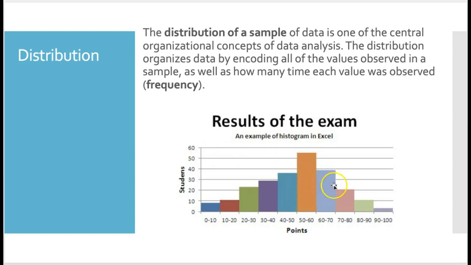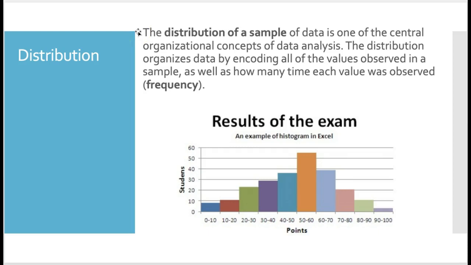Then as we get further away into the A range, there are fewer and fewer students scoring that high. And as we get further away, in the F minus range, fewer and fewer students are scoring there. What this helps us visualize is the distribution of a sample.